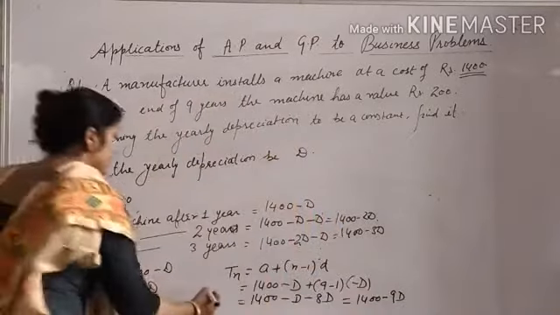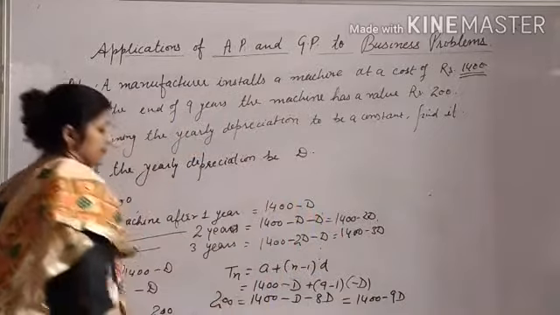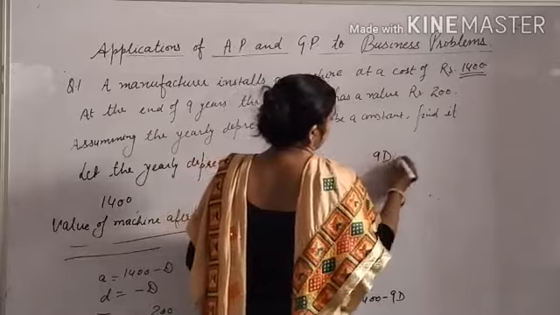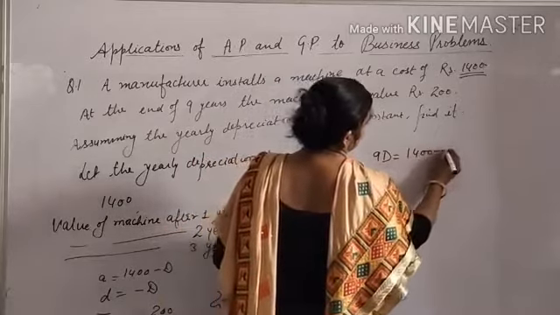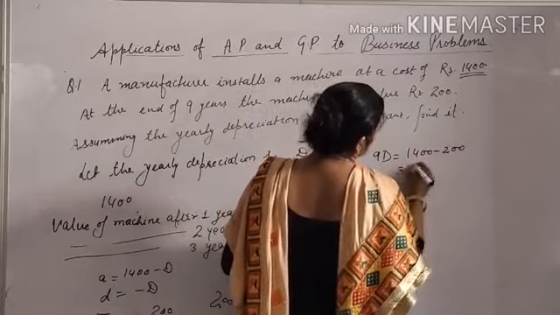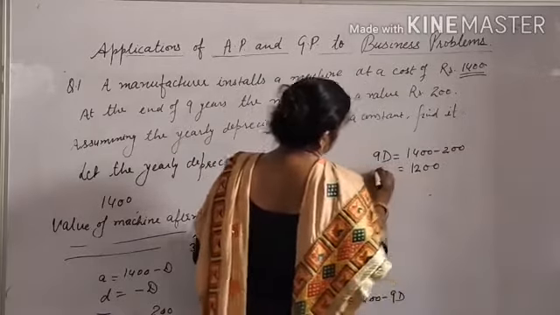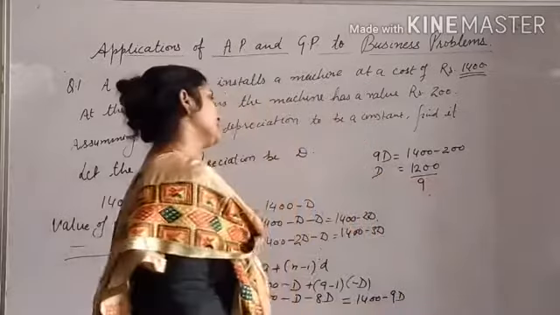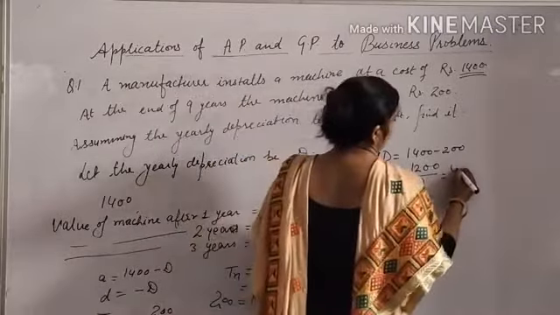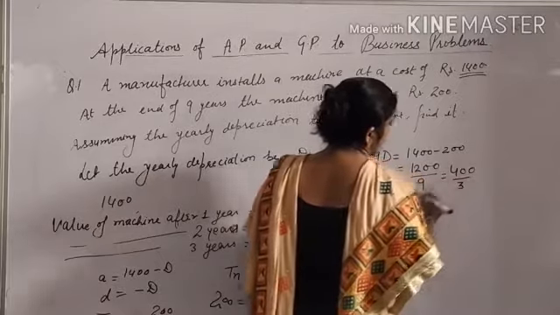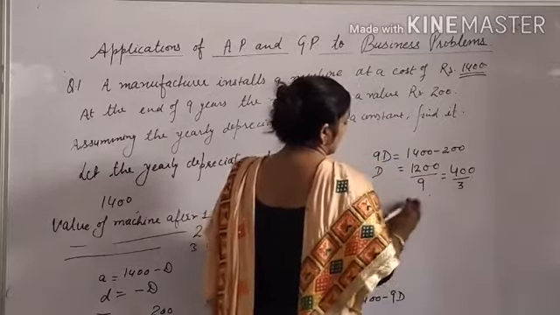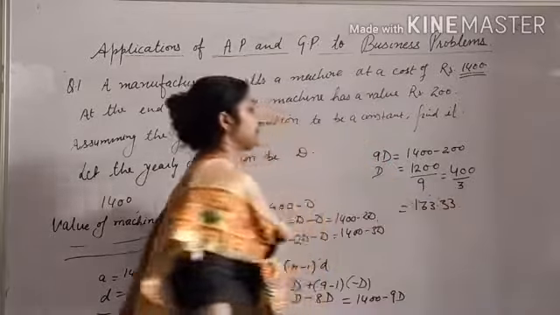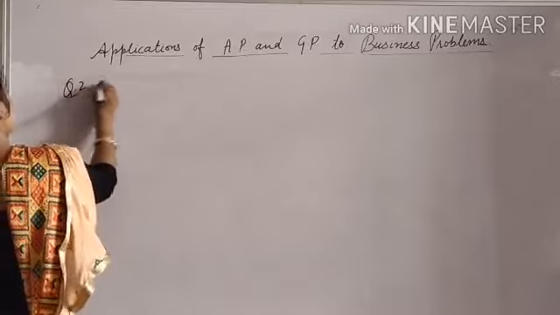Now we are given T9 as 200. So 9D is 1400 minus 200, which is 1200. So D will be equal to 1200 divided by 9, which is 400 divided by 3, and it is 133.33.